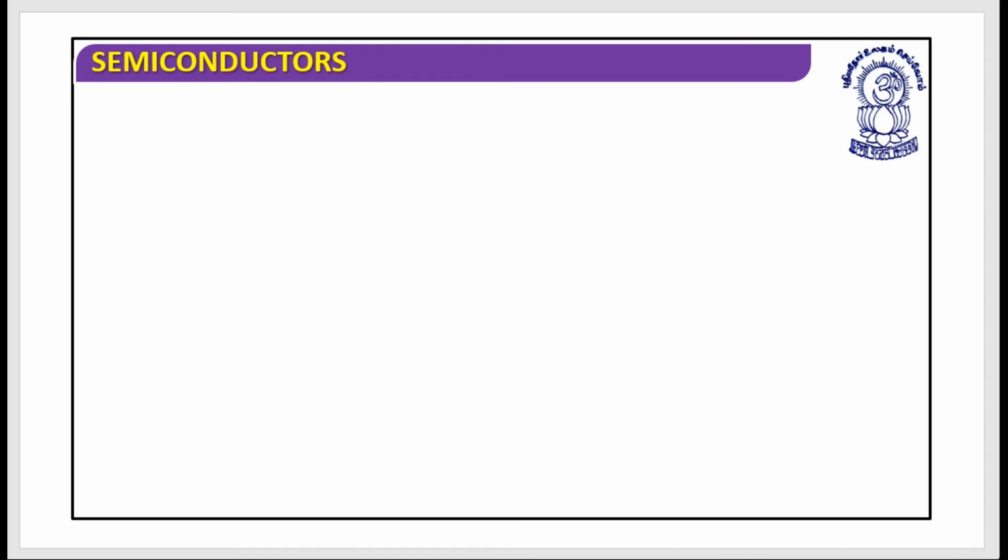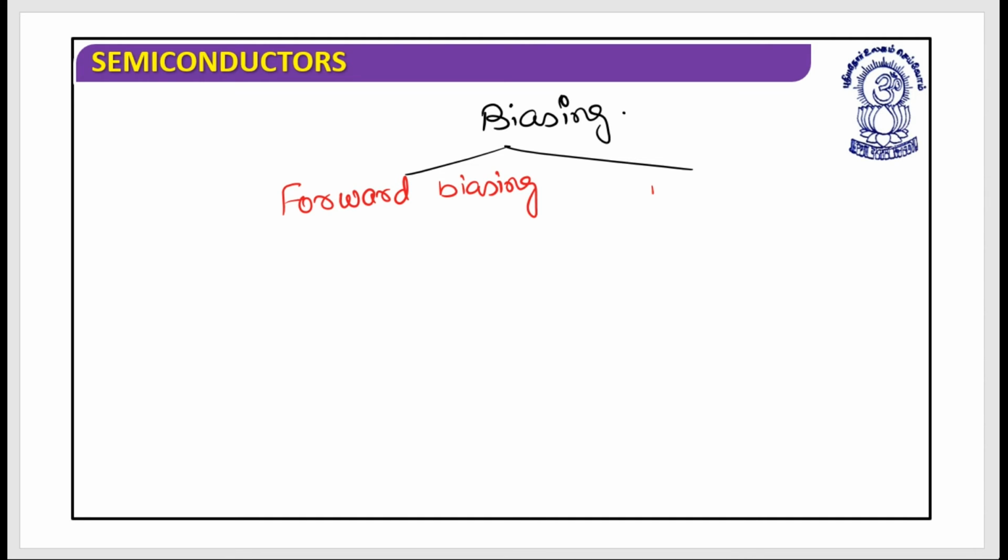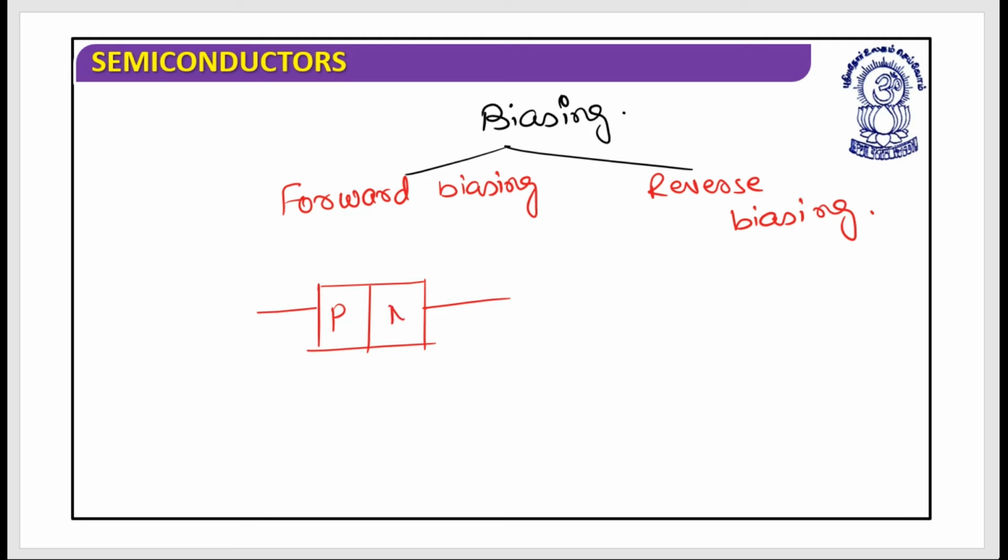The situation is something like this: when we deal with biasing, we have two kinds of biasing. One of them is the forward biasing, and the other is the reverse biasing. When we say it's forward biasing, the situation would be something like this: this is p-type material, this is n-type material.